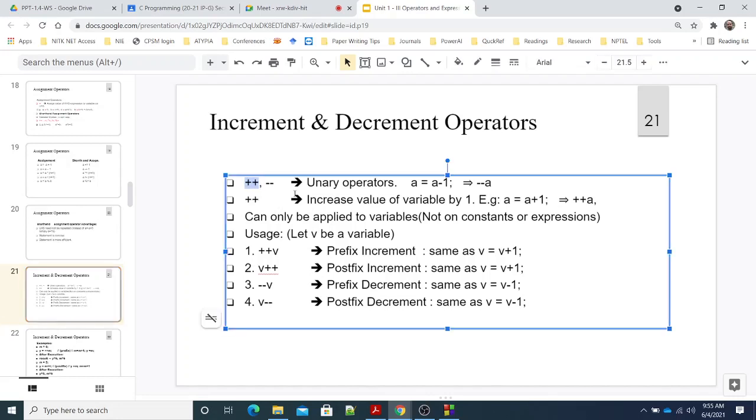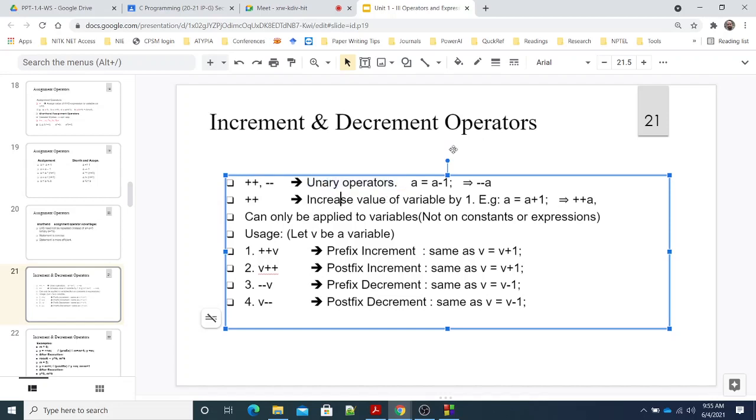These are unary operators. The first point is that the increment operator is indicated by two addition symbols, plus plus. The decrement operator is indicated by two minus symbols without any space in between. These are unary operators because they work on a single operand.